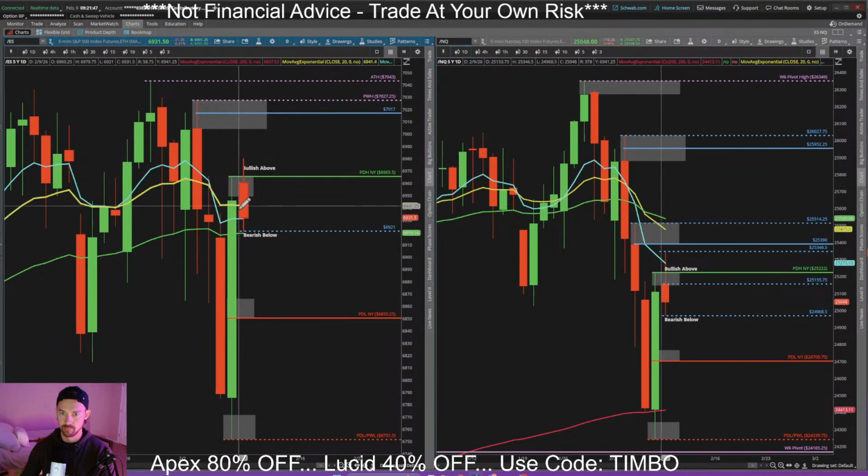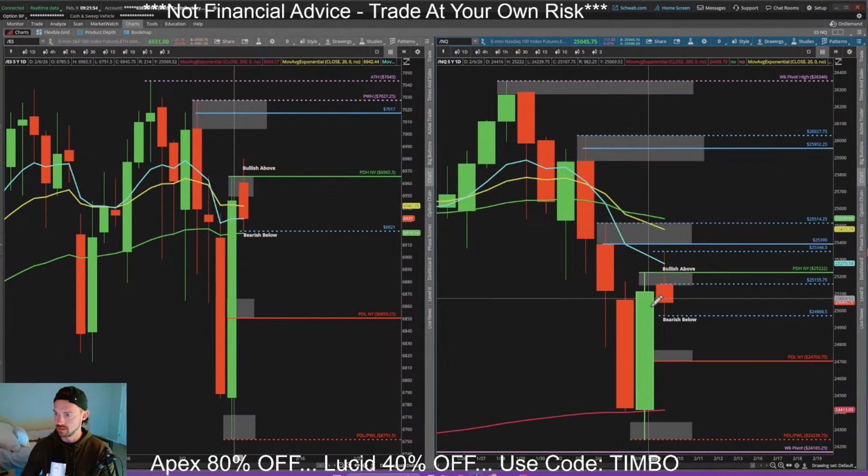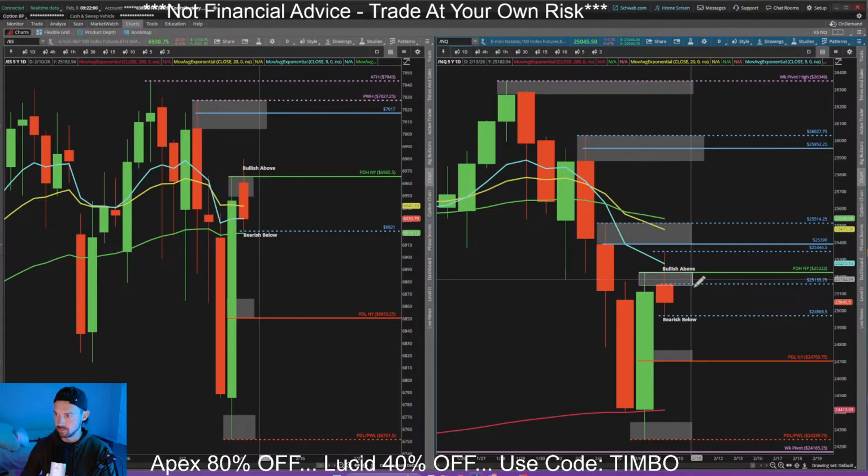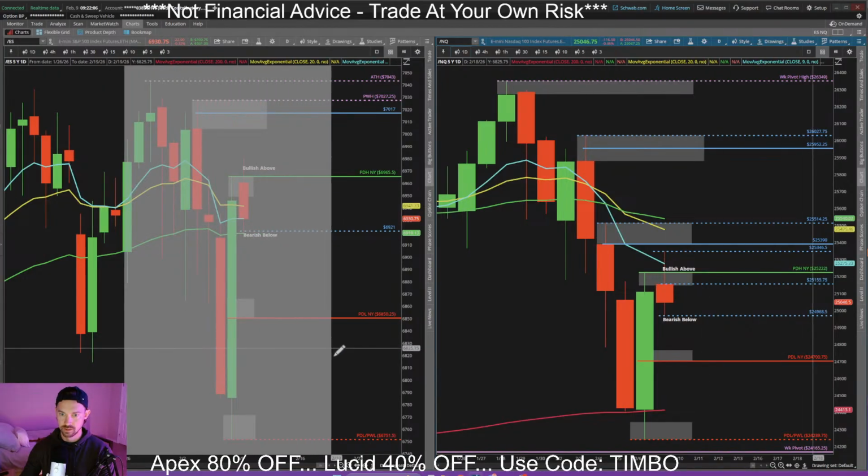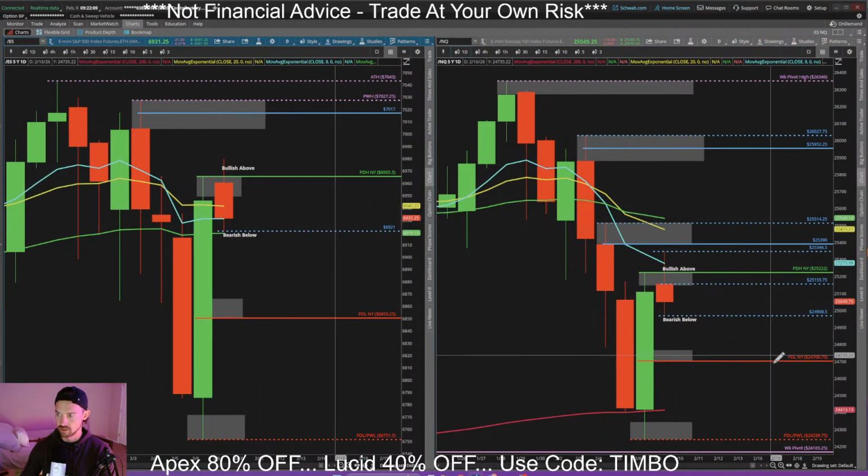We've come back into the range from Friday. So we'll see how we do off the open at 9:30. See if we can hold, the bulls come back in, we push back up above previous day high. Or if we fail to do that and we come back into the range and get down to previous day low, New York would be the first area to look for downside.